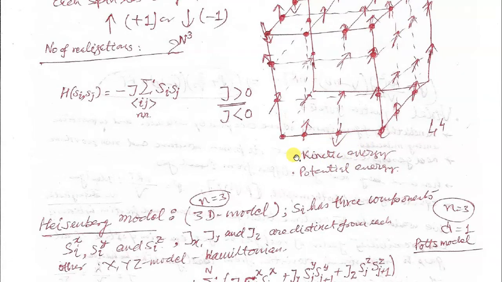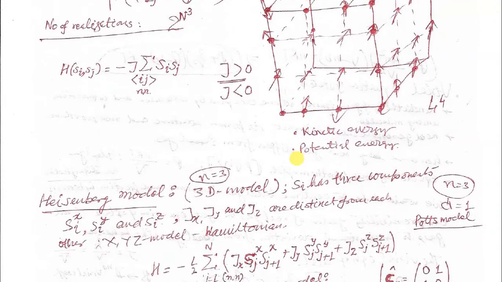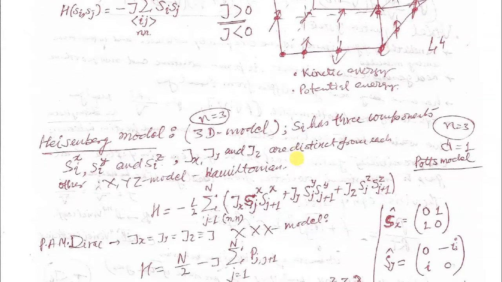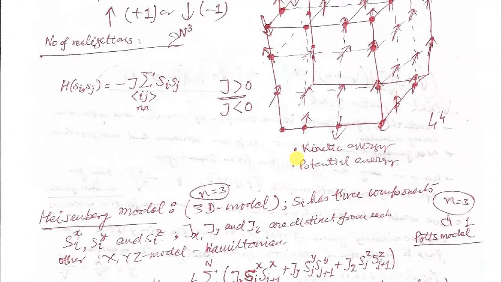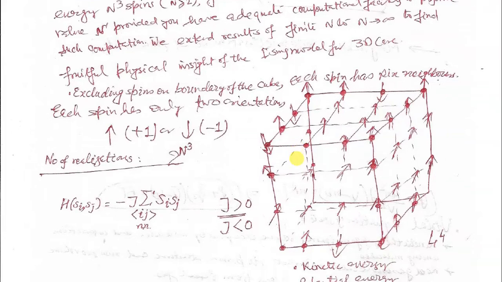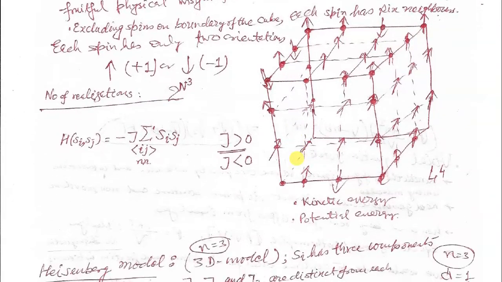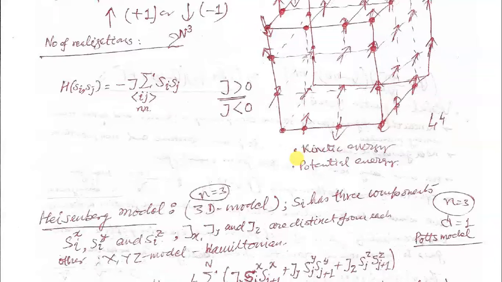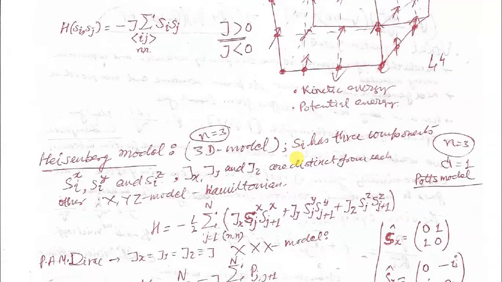These two compete with each other, so we have a phase transition. So for the 3-dimensional Ising model we have a variety of numerical methods. The Monte Carlo method is there, where one can solve this model to see phase transition behavior in the 3D Ising model. We have another model, that is the Heisenberg model.